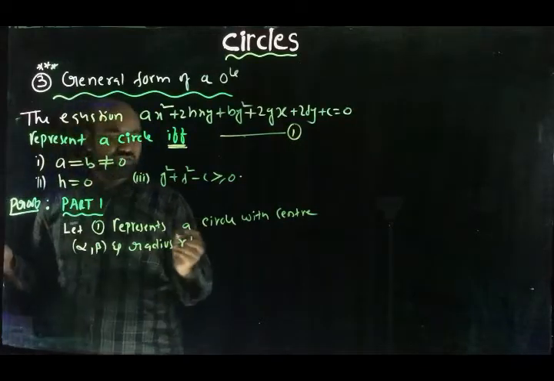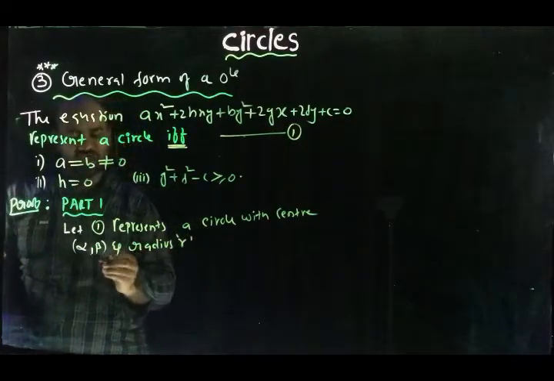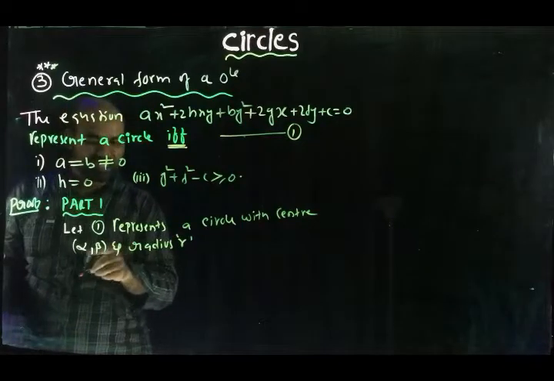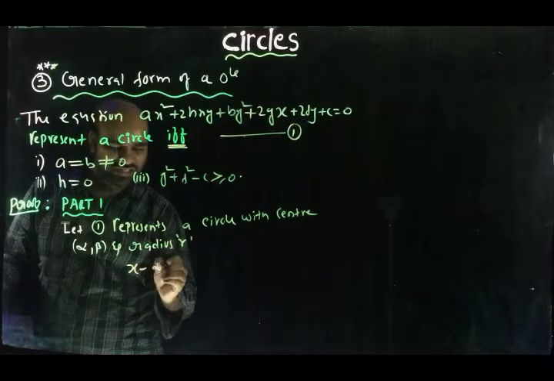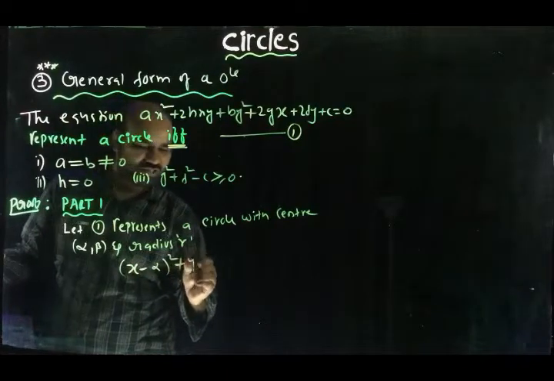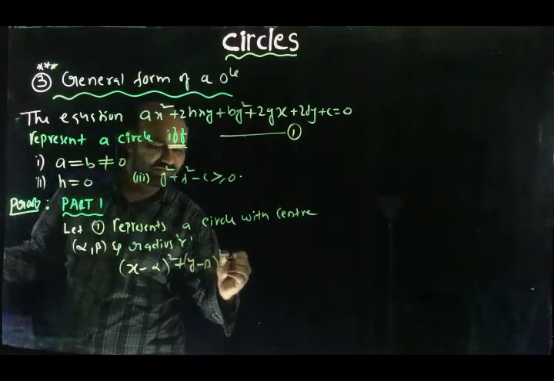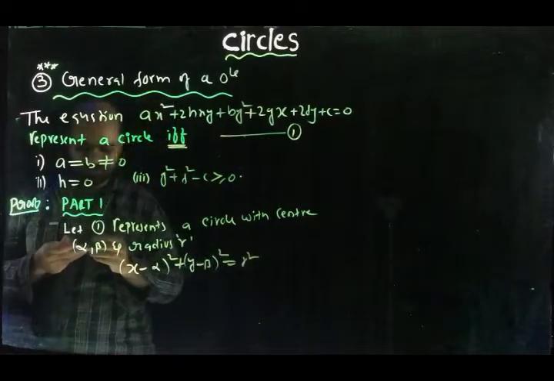We already know that the standard form equation of a circle with center alpha comma beta and radius r is x minus alpha whole square plus y minus beta whole square equal to r square.